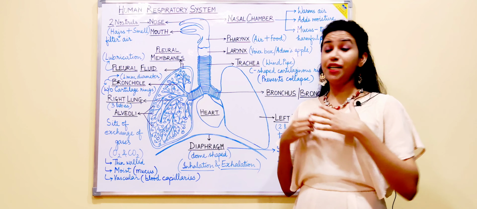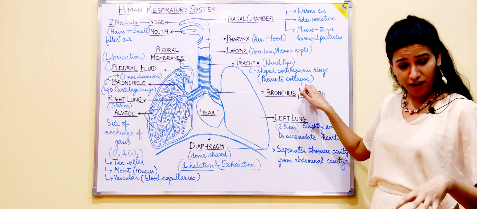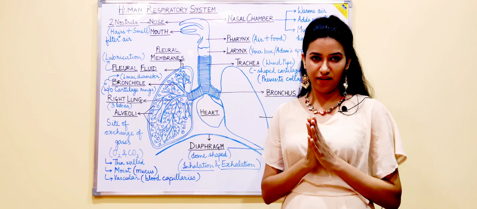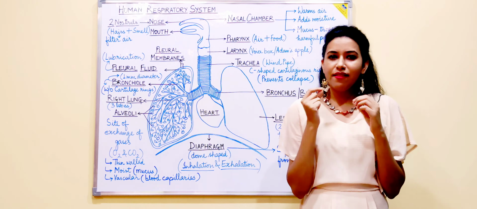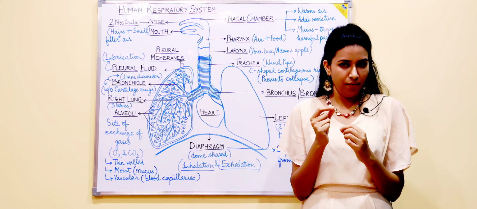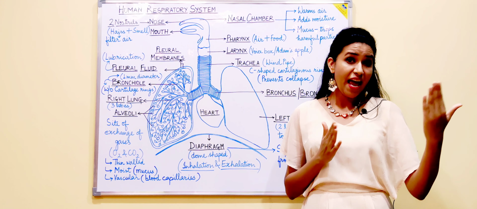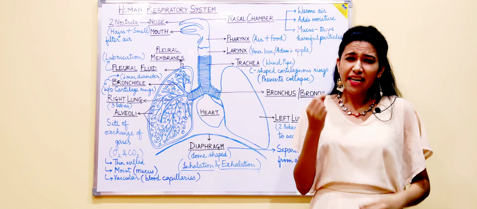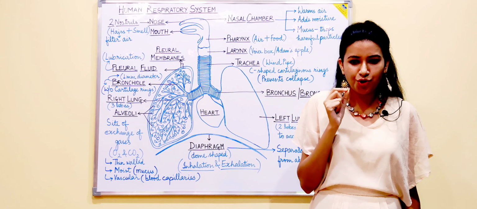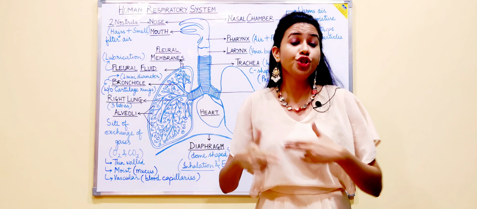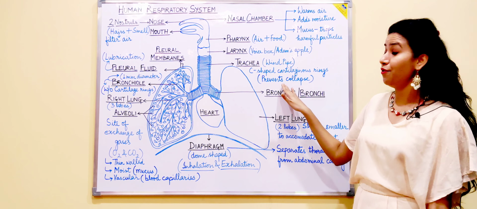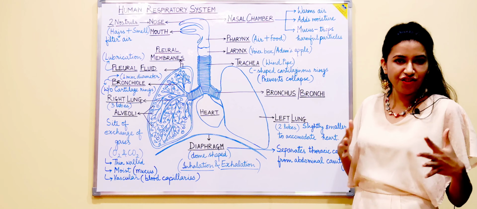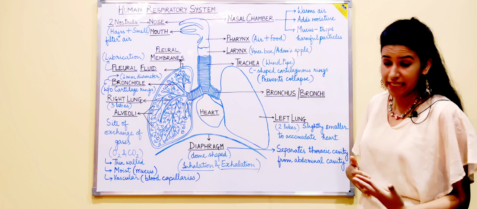It prevents the collapse of the trachea in case there is less air present in it. In the interval between your inhalation and exhalation, there is very little air inside the trachea, so it may collapse. To prevent that, the C-shaped cartilaginous rings prevent its collapse even if there is less air in it during the breaths.